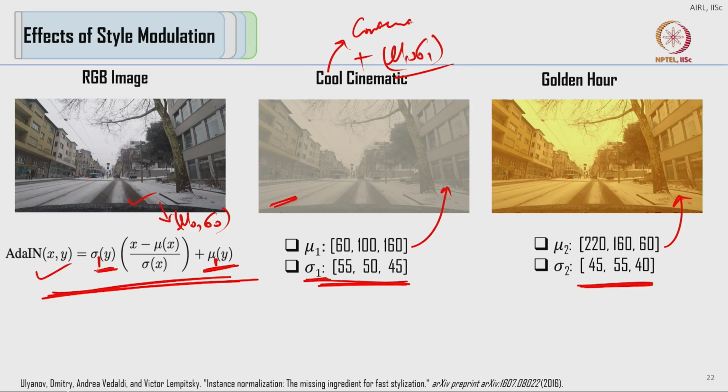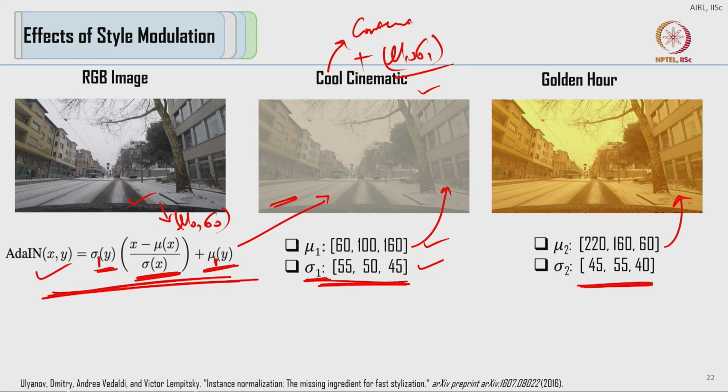We take a feature map, we normalize the feature map, and then we add sigma 1y and mu 1y, which are given as these default values, and update the feature map, and this is how we get the cool cinematic view, right? Similarly for the golden hour.